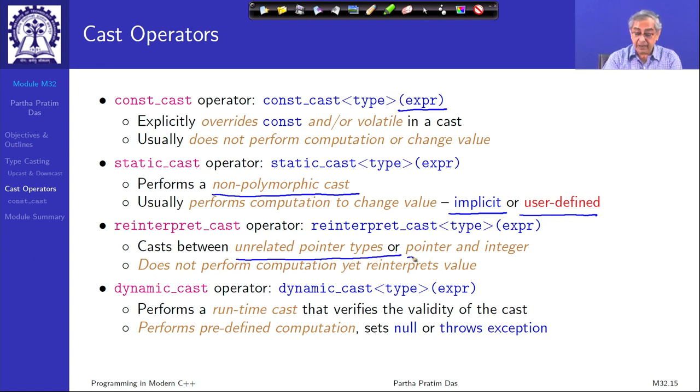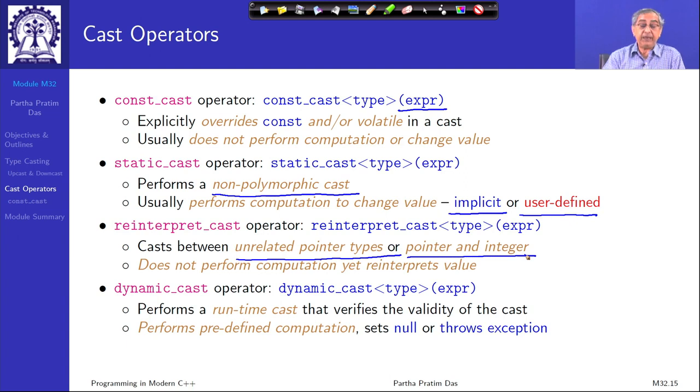Most importantly, you can cast pointer and integer by using reinterpret_cast. As the name suggests, reinterpret, because it does not know how to think of an integer as a pointer, an address, or a pointer as an integer the other way. So, you take the bit pattern and give a new interpretation: reinterpret_cast.